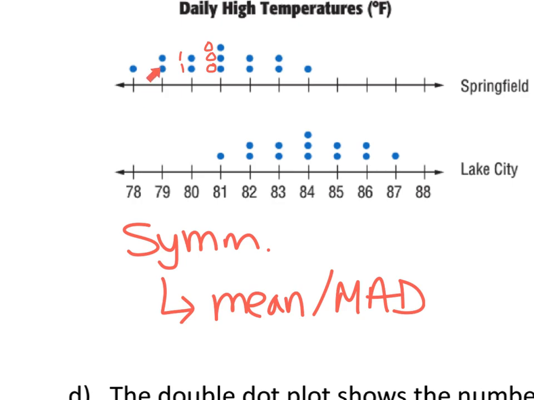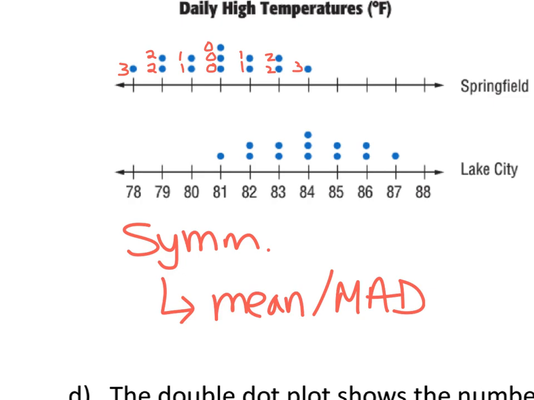Looking at 79, it is 2 spaces away from the mean. And looking at 78, it is 3 spaces away. We do the same to the other side. 82 is only 1 away from 81. 83 is 2 away. And 84 is 3.